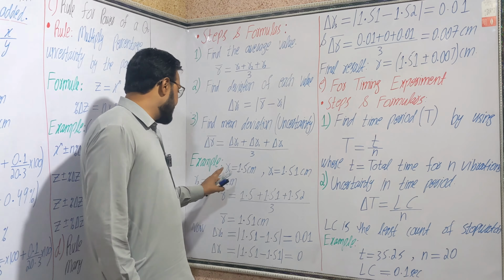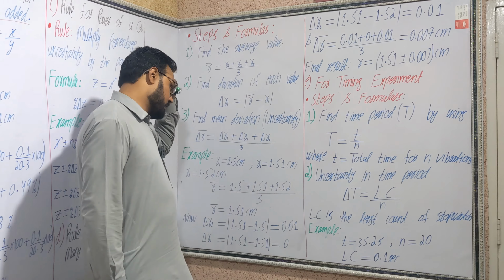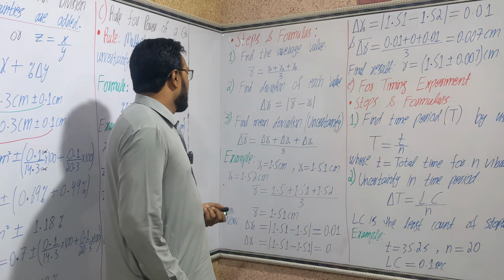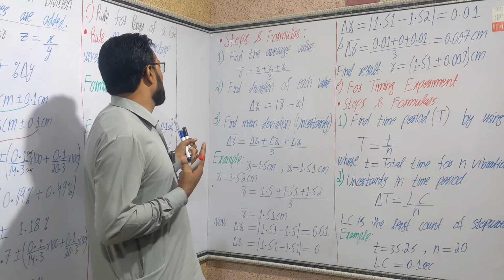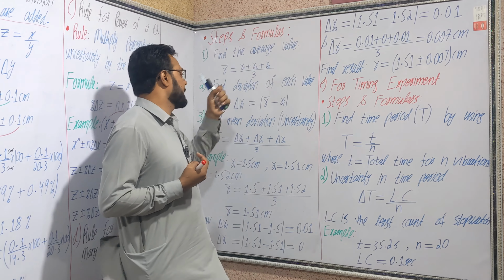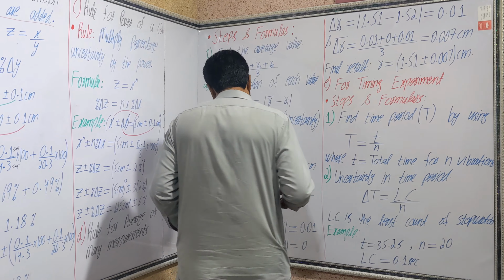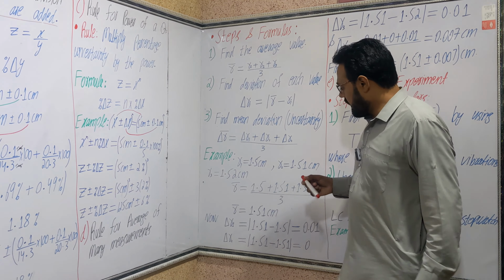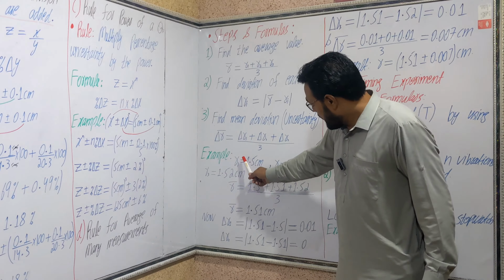So to find the uncertainty of this value, three steps are required. Number one, find the average value.